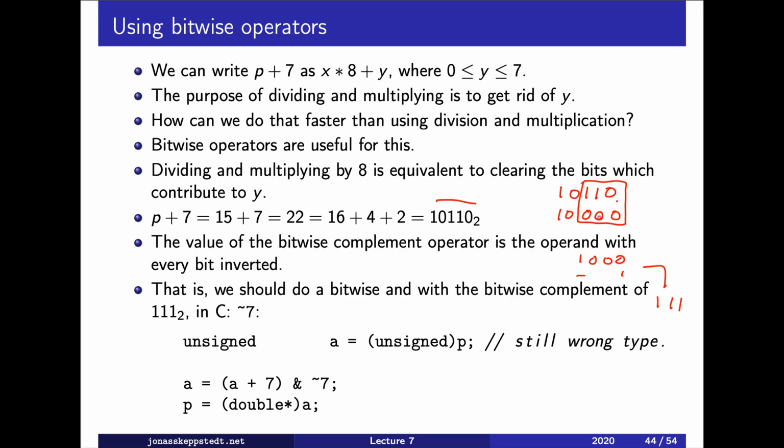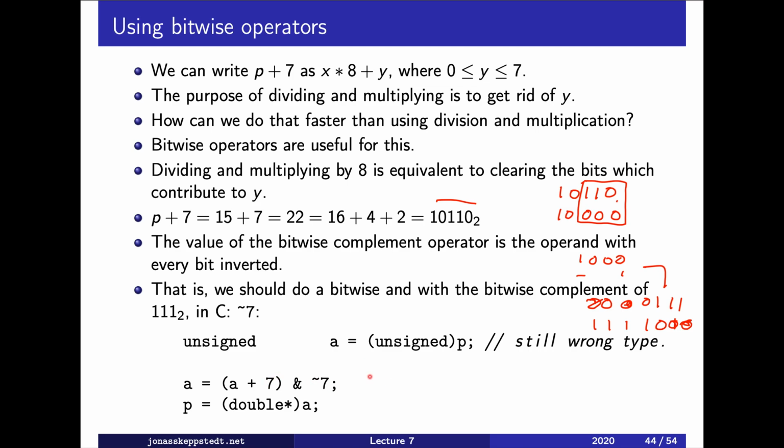But that is not useful here. What we need is instead this number. I mean, we want to have zeros at these positions and ones everywhere else.